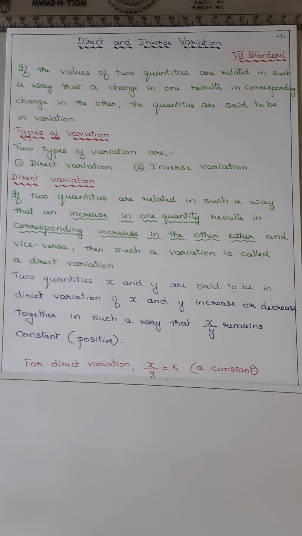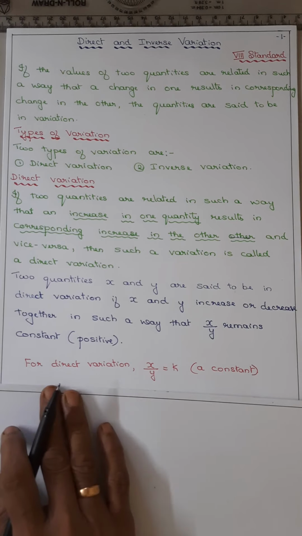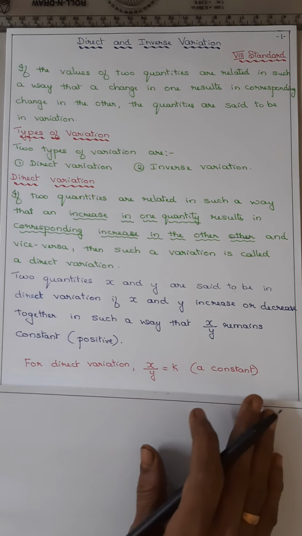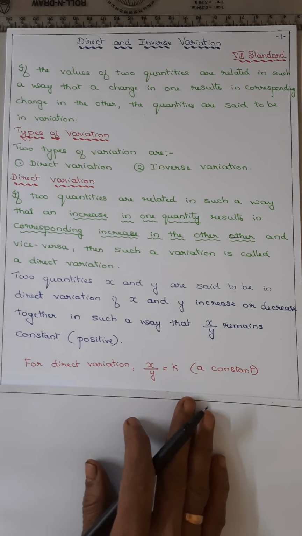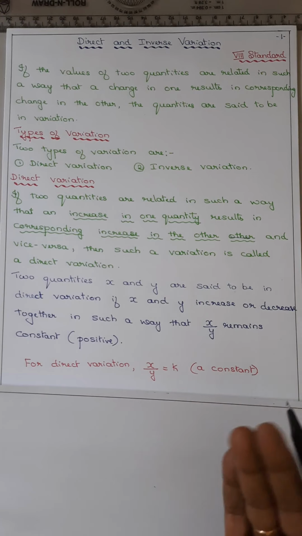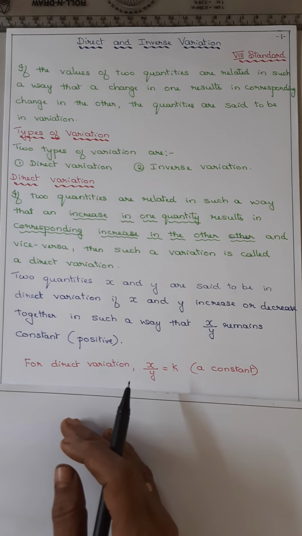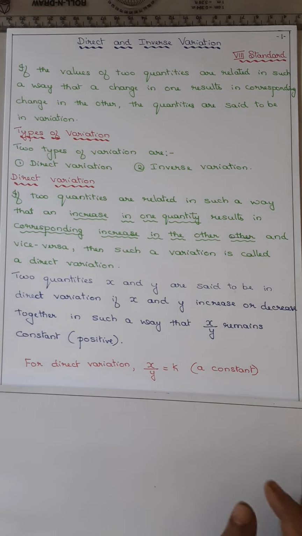So, the formula for direct variation: x by y is equal to k, that is a constant. If x and y vary in such a way that it is a direct variation, then x by y is always a constant.